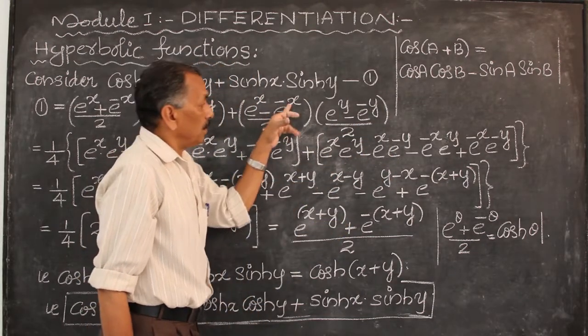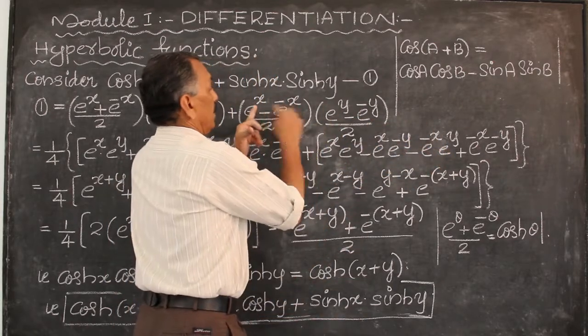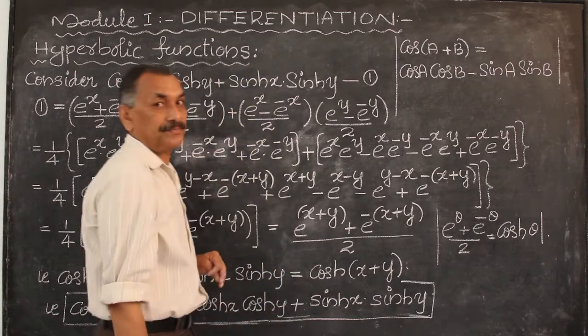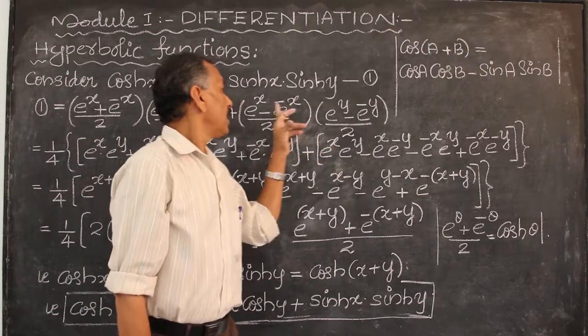Minus, multiplying by this gives e raised to minus x into e raised to y, then minus into minus is plus e raised to minus x into e raised to minus y.